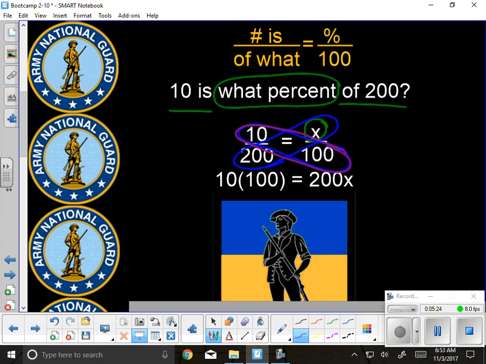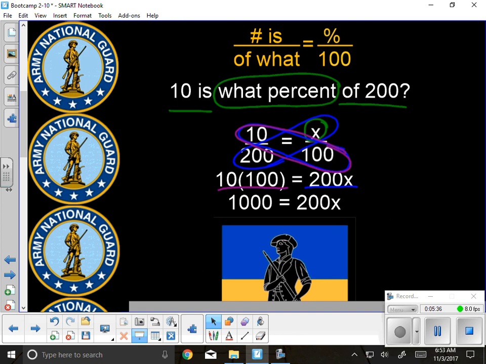So we have the 10 times 100 right here, and then we have the 200 times x right here. And now, just like before, you're going to want to first simplify each side as much as possible. When you do that, you're going to end up with 1,000 equals 200x. And now, looking at this, to me, it looks like just a one-step equation.